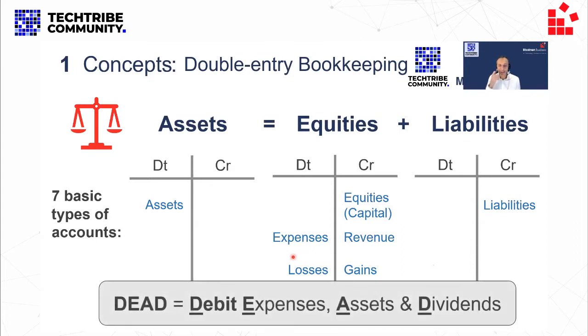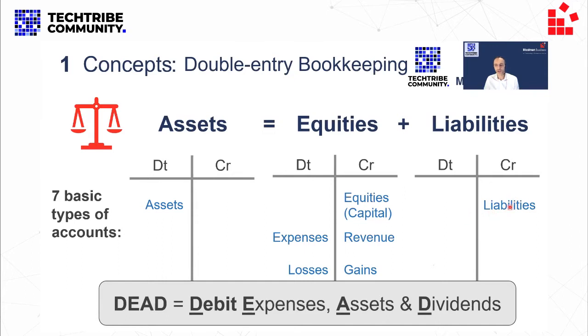But there's a useful acronym to help you remember this, and it's called DEAD. It says debit, expenses, assets, and dividends, and everything else is credited. So this is a way for you to remember. To increase an asset account, you will debit it. To increase a liability, you will credit it. So if you debit a liability account, that means you will reduce the liability.